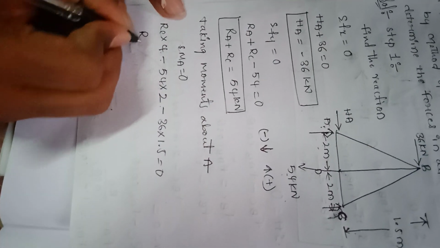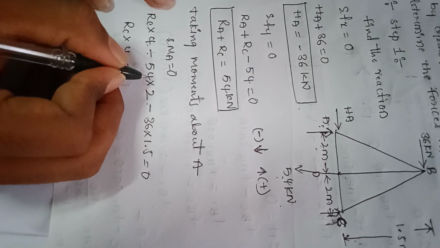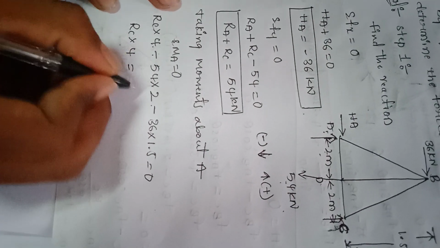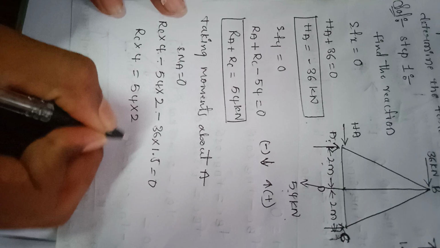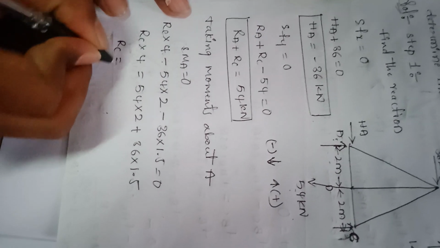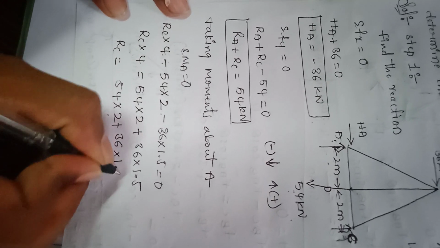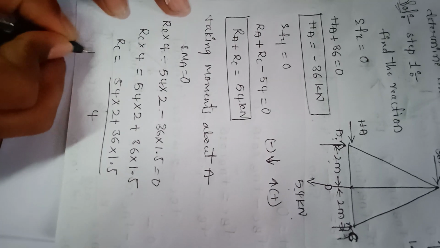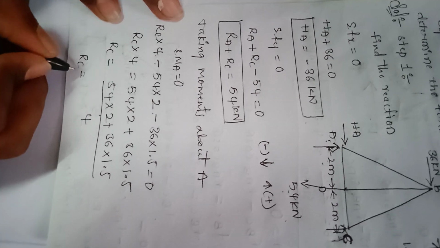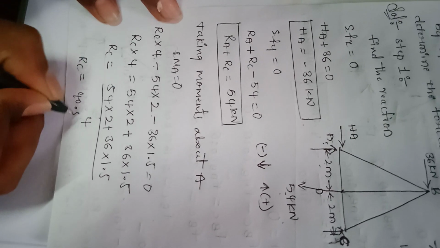Therefore RC into 4 minus 54 into 2 minus 36 into 1.5 equals 0. Sending these to the right side, they become positive. RC equals (54 into 2 plus 36 into 1.5) by 4. Using the calculator, I got RC equals 40.5 kilonewtons.